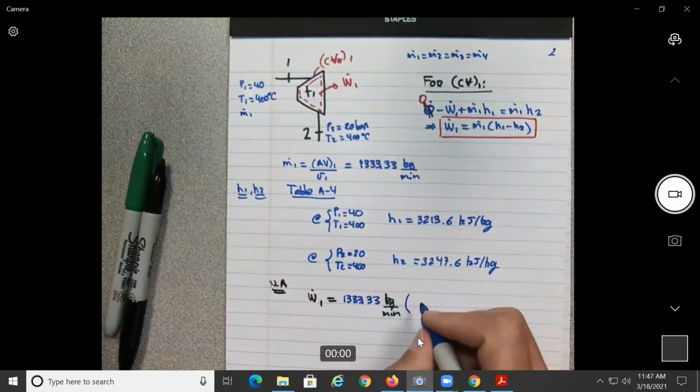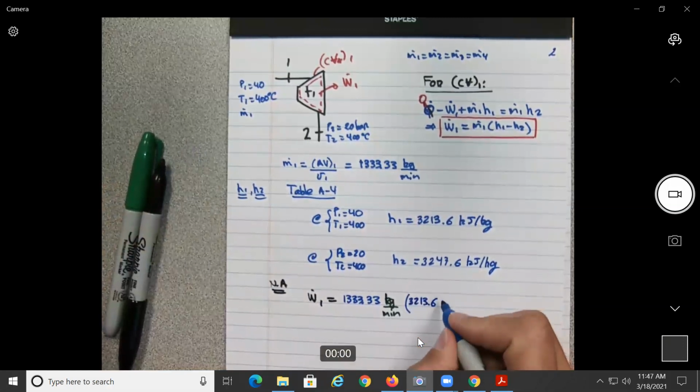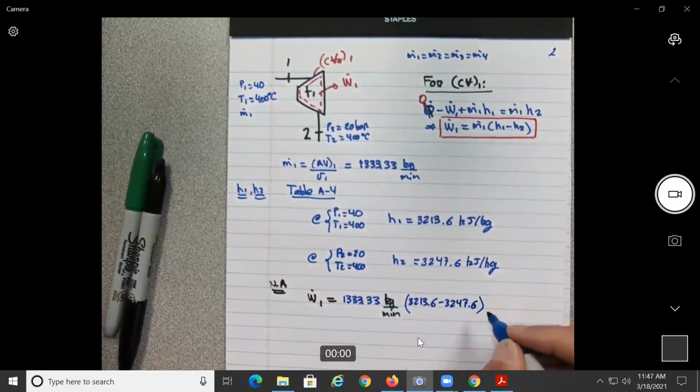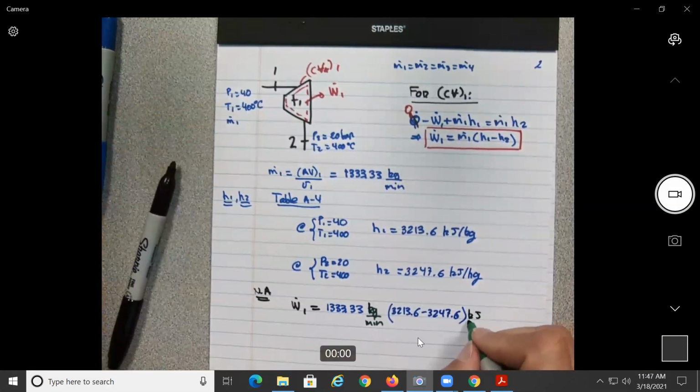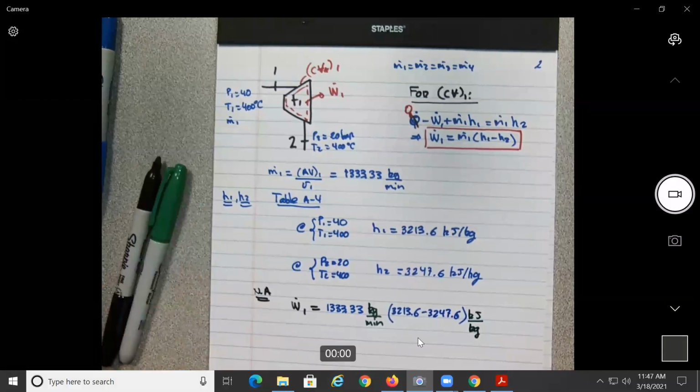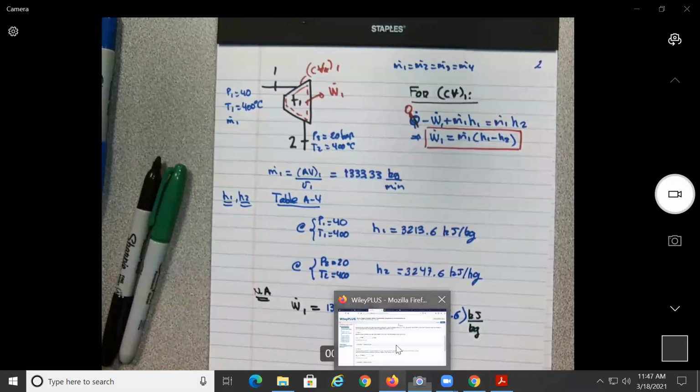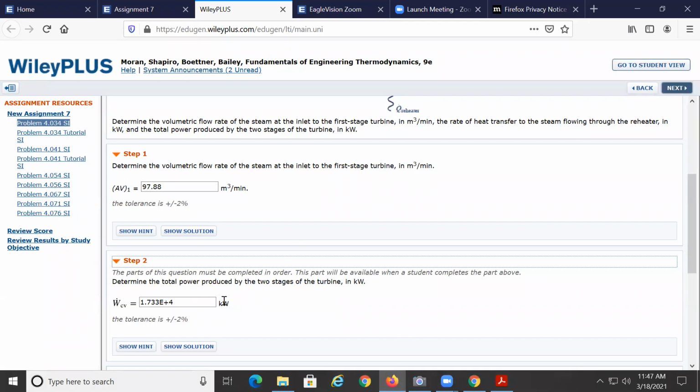Times H1, which is 3,213.6 minus 3,247.6. This is kilojoules per kilogram. And they want the power in what units? I think they're going to want kilowatts, but yeah, kilowatts. Okay.